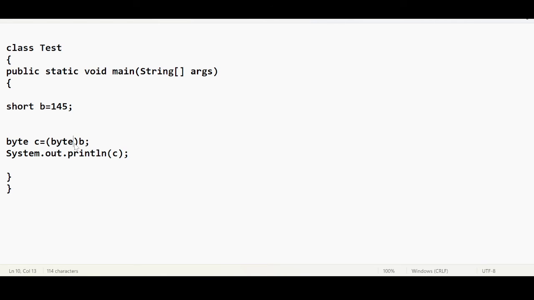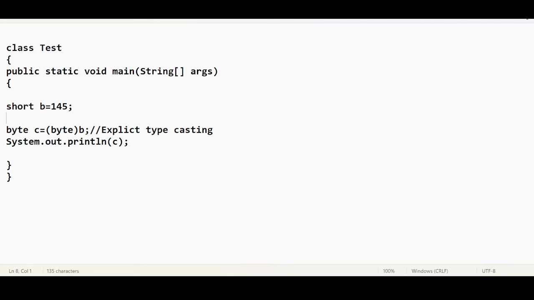Now you do this. This is called what? Explicit typecasting. This is possible. Right? If I remove this, not possible. To achieve the explicit typecasting, or to achieve the narrowing, the programmer has to take care of the typecasting.